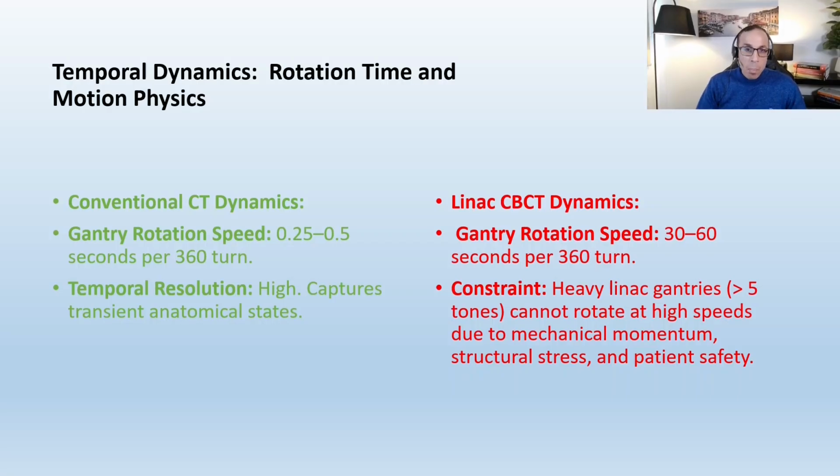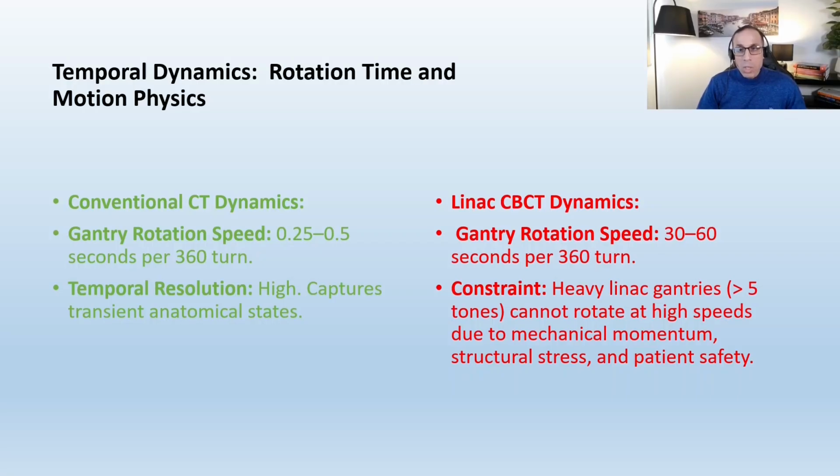Why? Because one Linac gantry weighs several tons because it houses a complex linear accelerator, bending magnets, and a heavy multi-leaf collimator. So for mechanical safety and structural integrity, these gantries take anywhere from 30 to 60 seconds to complete a single rotation.